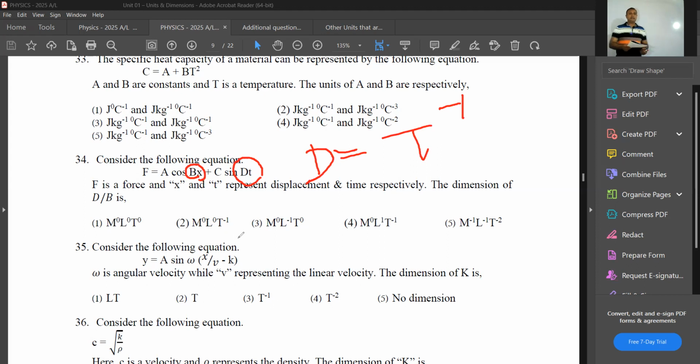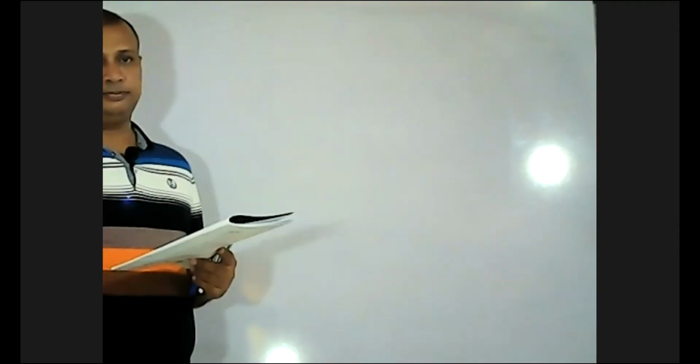So B is L minus 1. D is T minus 1. Therefore, the ratio should be equal to T minus 1 over L minus 1. That means L T minus 1. Answer is the 4th answer.